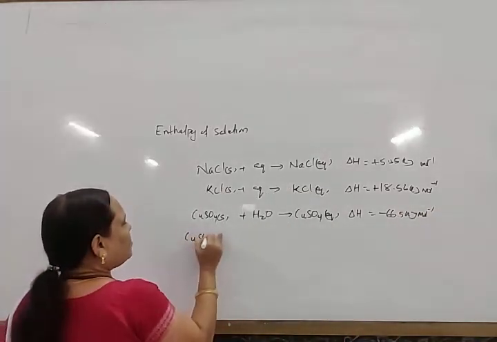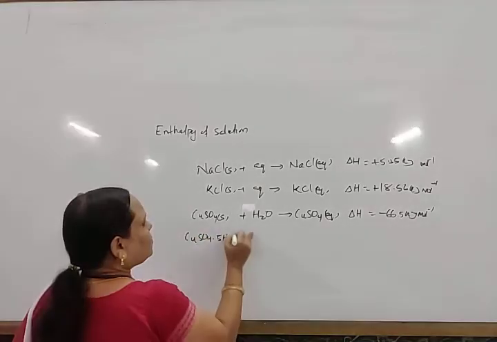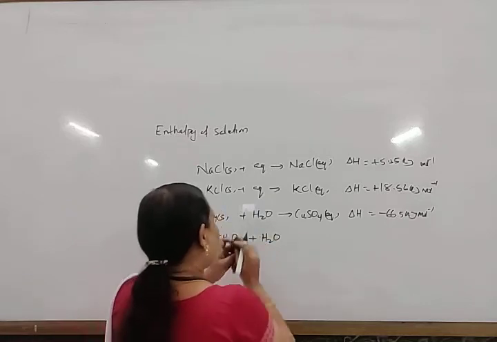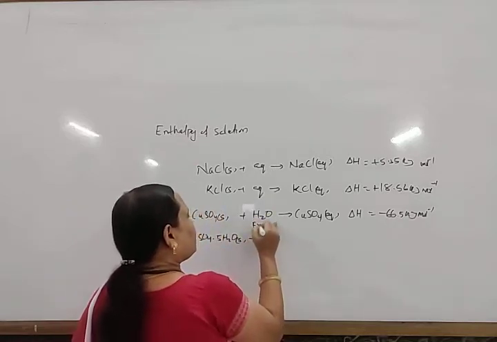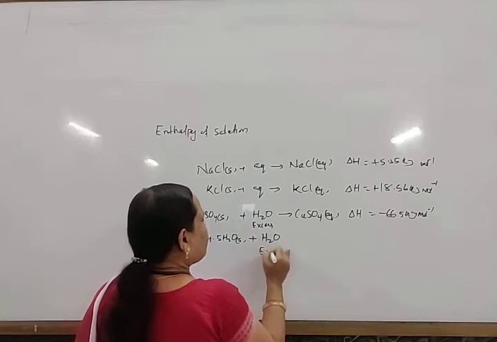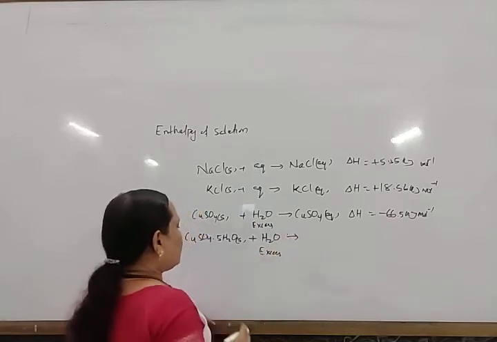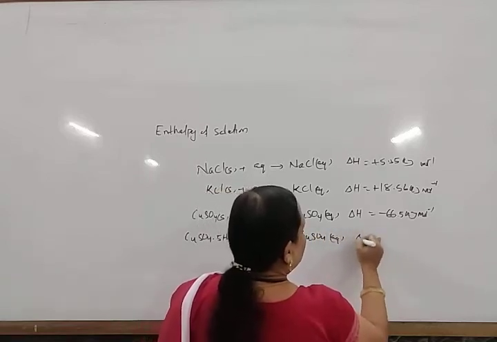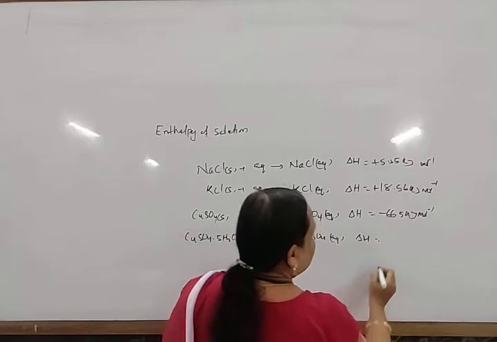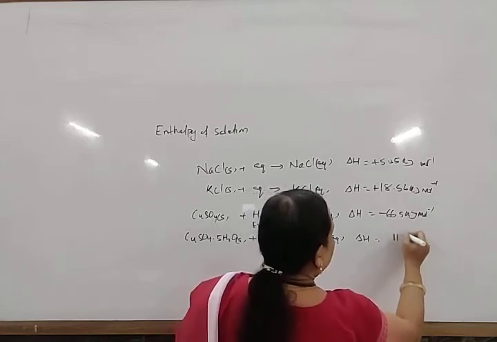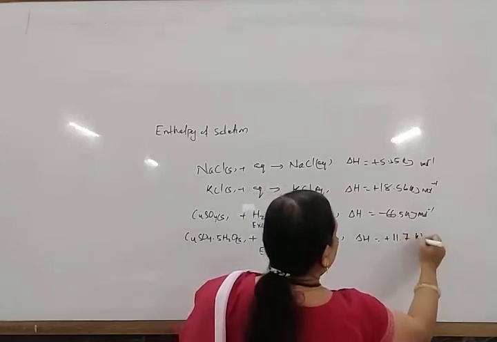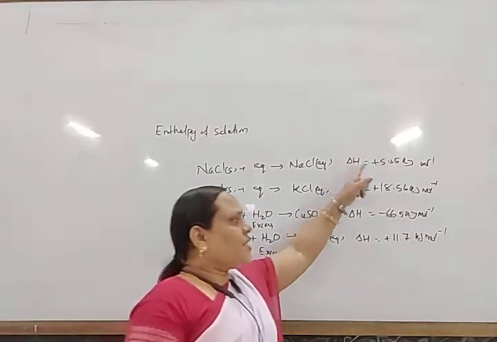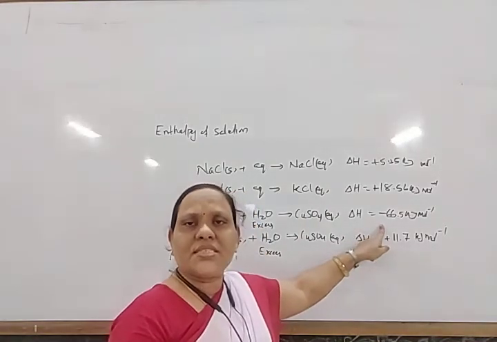Another is CuSO4.5H2O solid plus excess water, which gives CuSO4 aqueous solution, and here ΔH is 11.7 kJ mol⁻¹. So in some cases this is positive, in some cases this is negative.